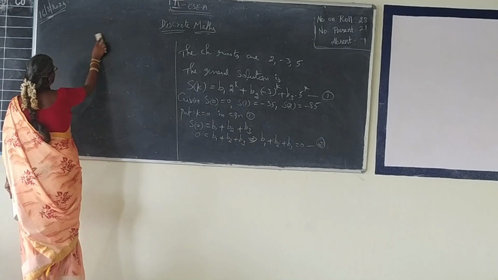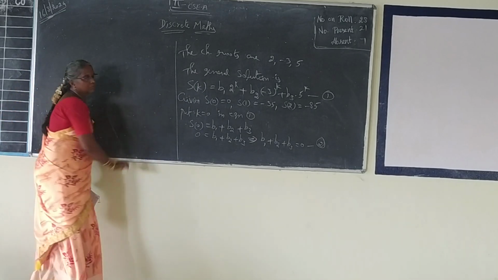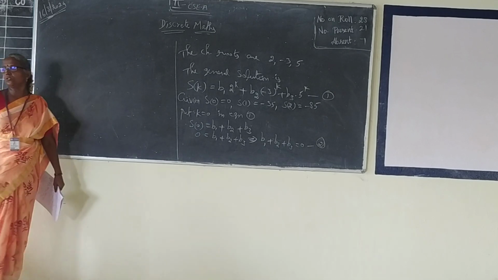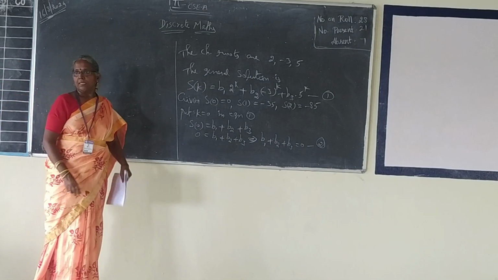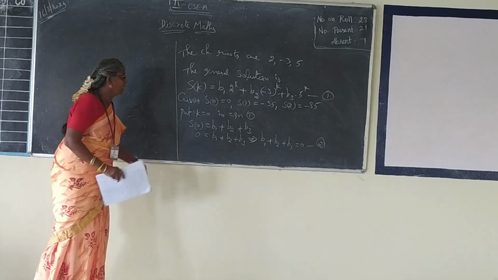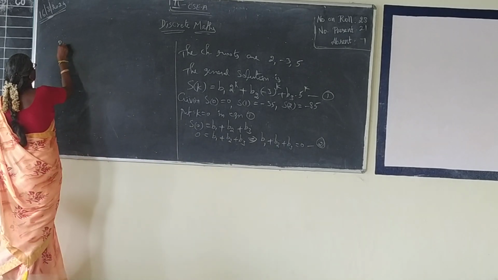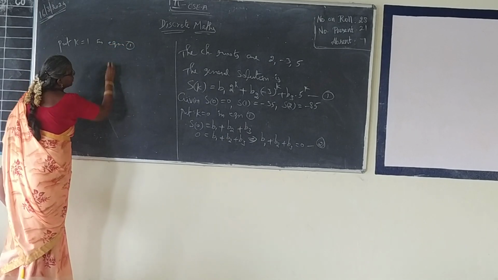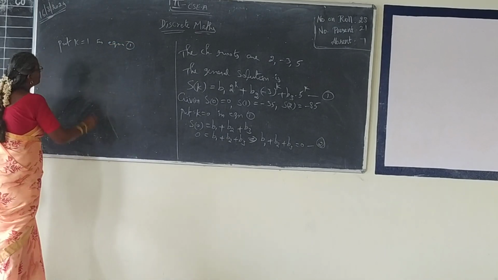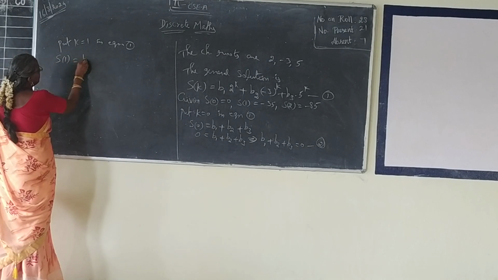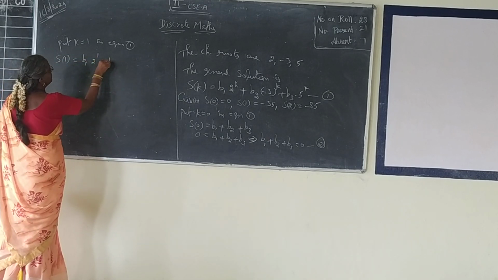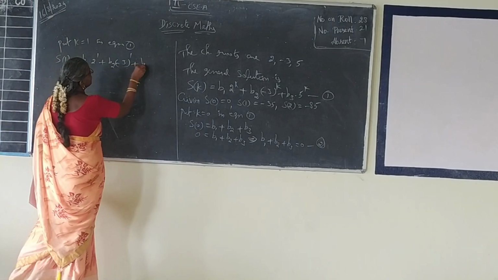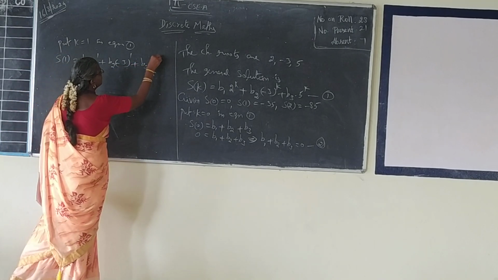Can you tell me the next step now? Further, you have to substitute k equal to 1 in equation 1. What do you get? S of 1 equal to V1 into 2 power 1 plus V2 into minus 3 power 1 plus V3 into 5 power 1.